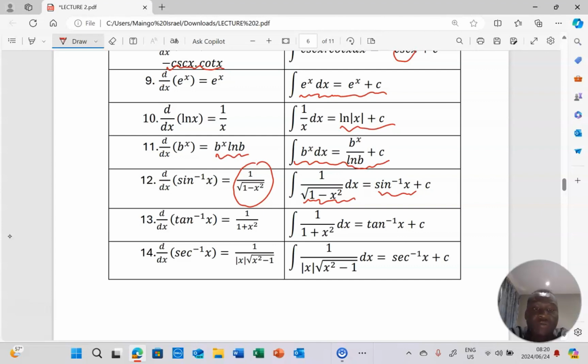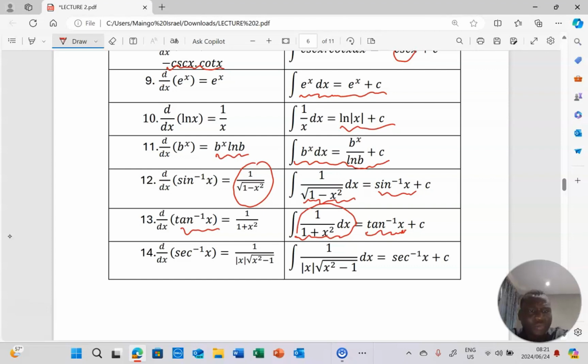Similarly for tan, when we differentiate the inverse tan of x, we get 1 over 1 plus x squared. But when we integrate 1 over 1 plus x squared with respect to x, we get nothing but the inverse tan of x plus a constant c.